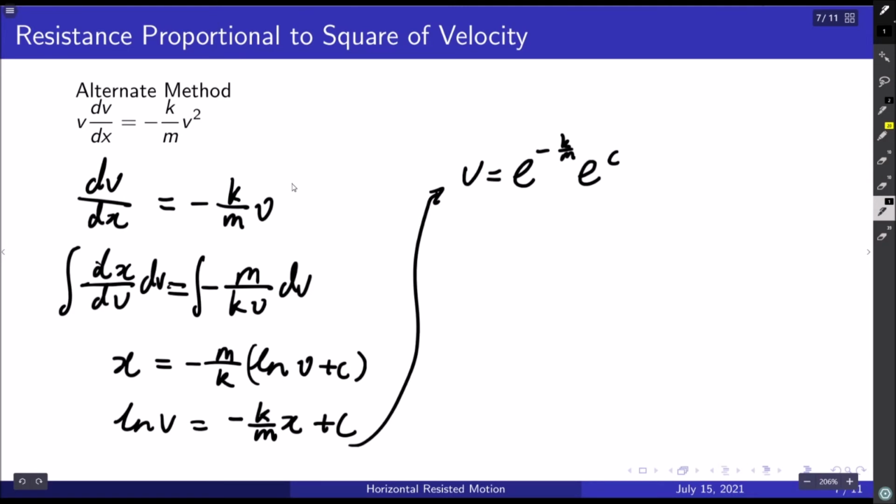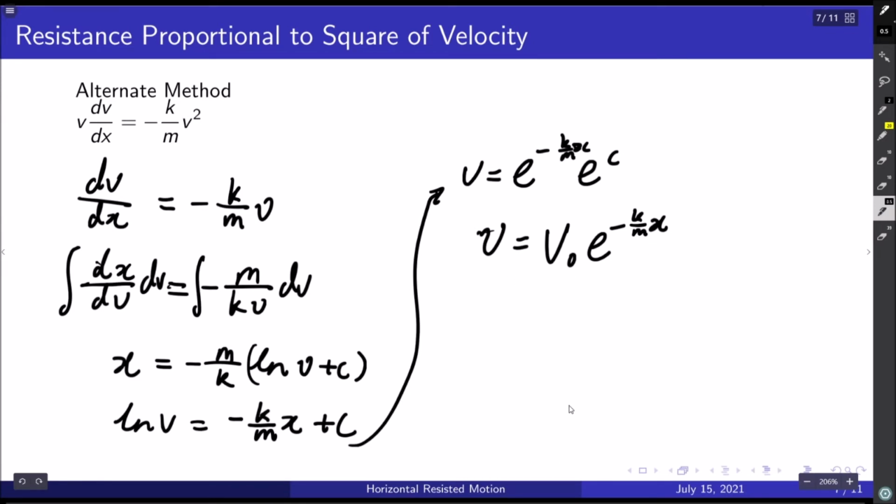You know how it goes. It's exactly the same as the first method. It's just v equals v0, the initial velocity, times e to the negative k over m x. So either way it works, it makes no difference in the end. Do whatever you want, really.